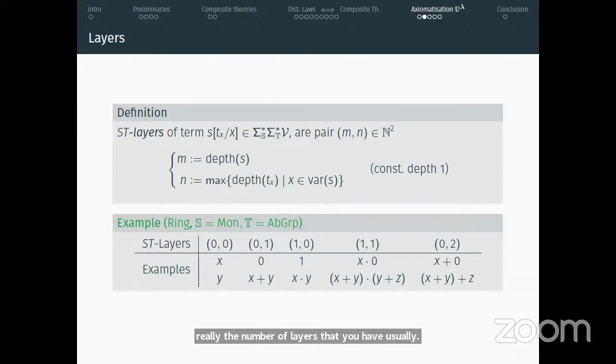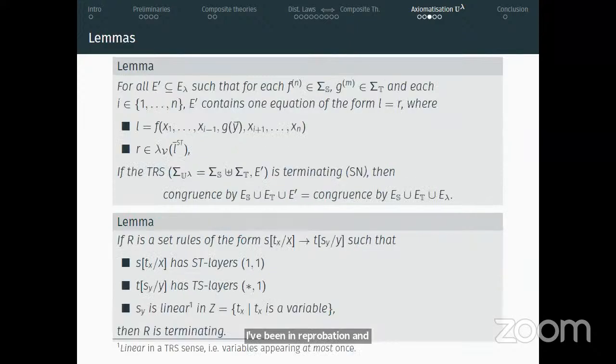So for example, here, that term has layers 1, 1, because it's one multiplication operation with every subterm being one abelian group operation, and here it's layers 0, 2. And this allows us to state two lemmas that give us this minimal representation.